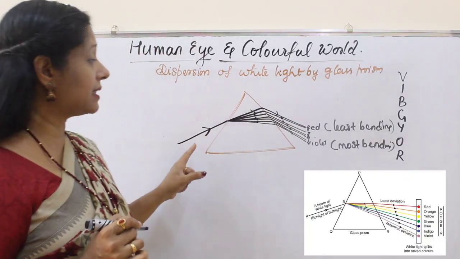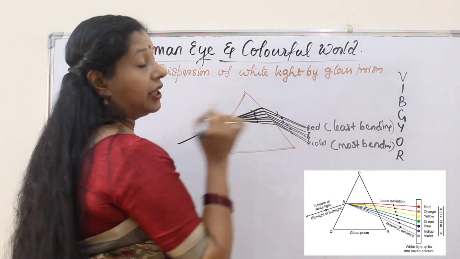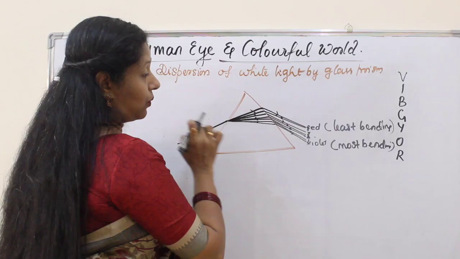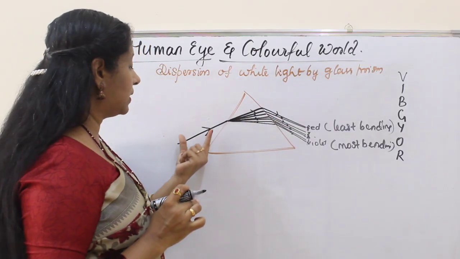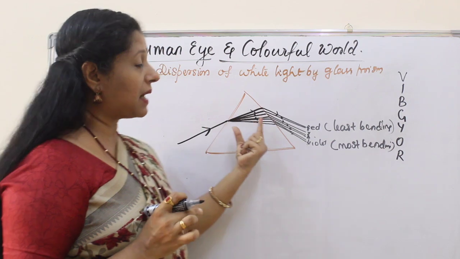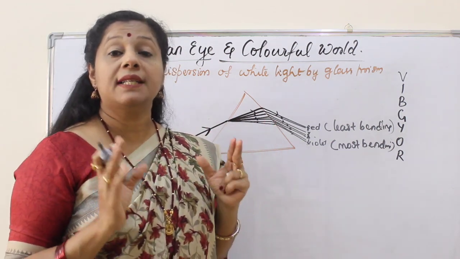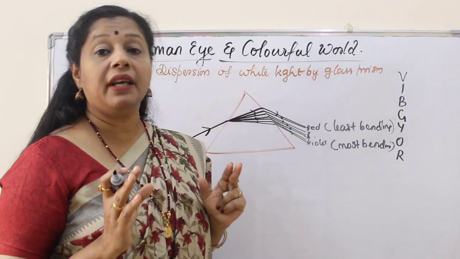So when you are drawing this diagram, you have to be really careful because violet and red you have to mark correctly, and also these 7 lines you have to show, and make sure that you put the arrows to show the rays also. So this is the incident ray. When it is passing through the prism, it is dispersing or splitting into 7 component colors, and that is called the dispersion of the white light.